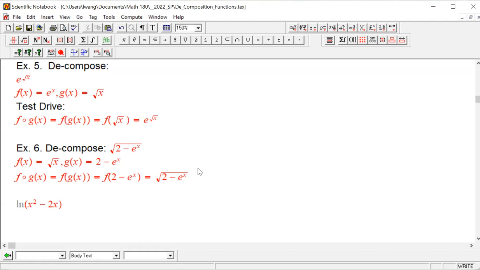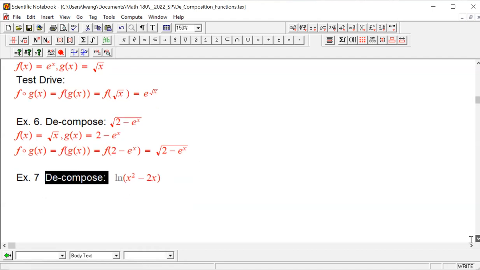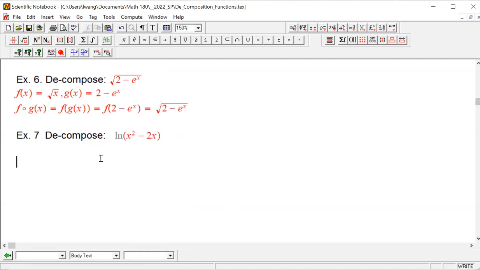And example number 7. Okay, decompose. So how do we decompose it, right? Obviously, from the outside, we see ln.